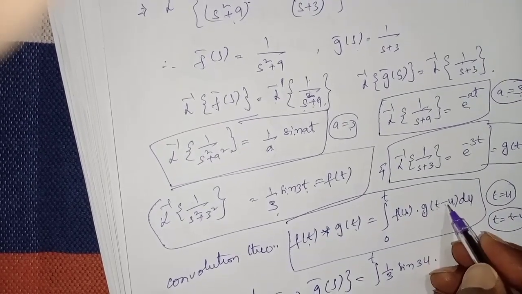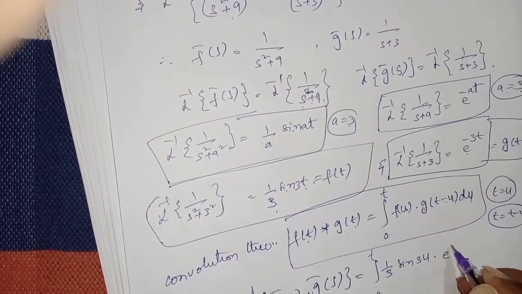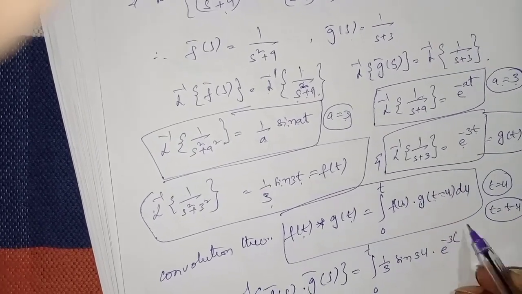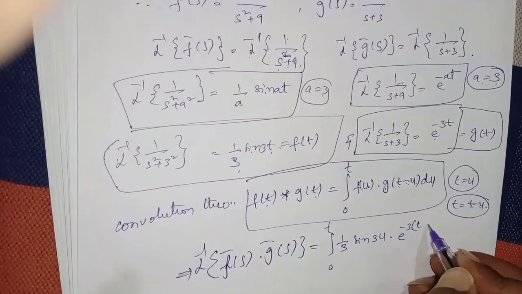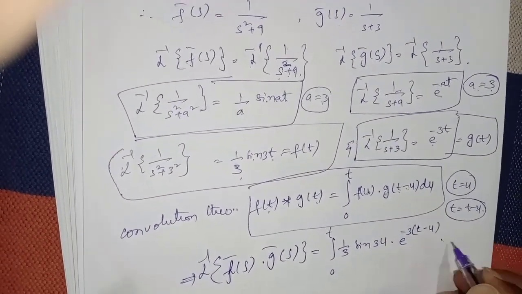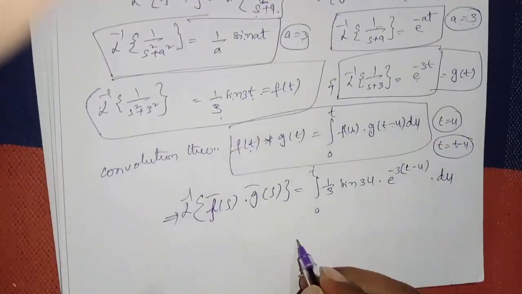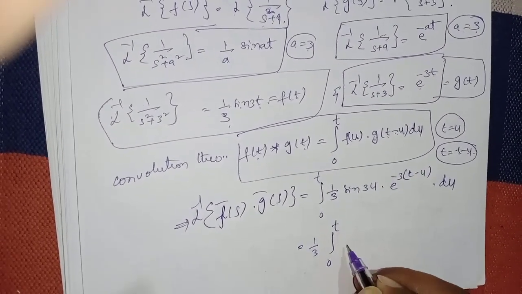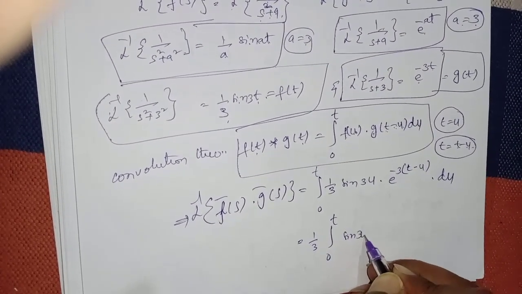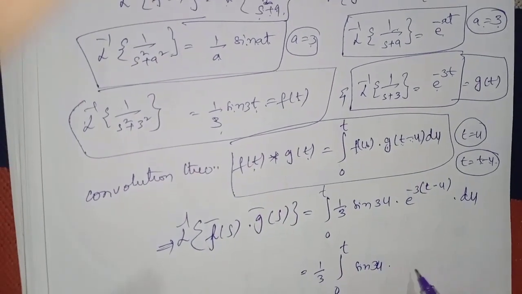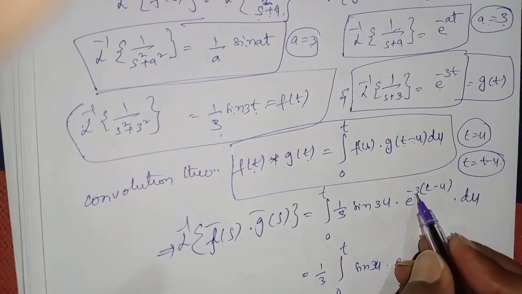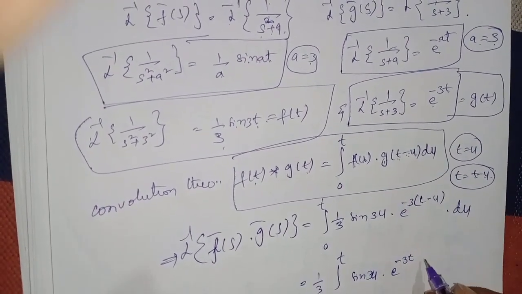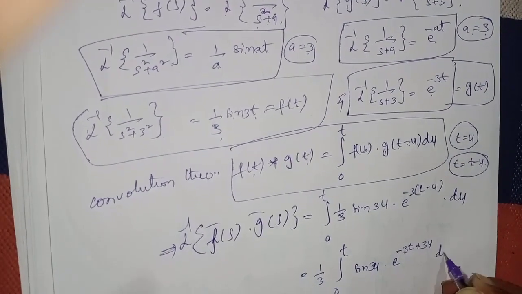G of t value is e to the power of minus 3 into t, but t value is t minus u, so substitute t minus u into du. That is equal to 1 by 3, which is constant, take it outside, integral 0 to t sin 3u into e to the power of minus 3 into (t minus u), which is minus 3t plus 3u, du.